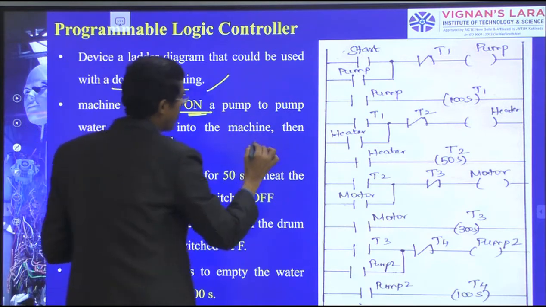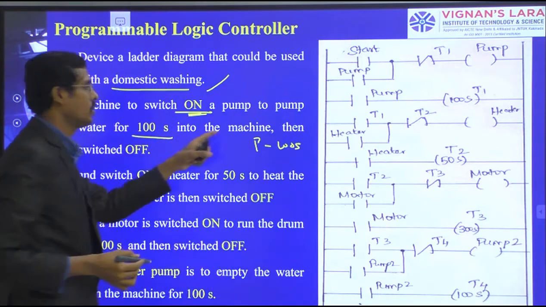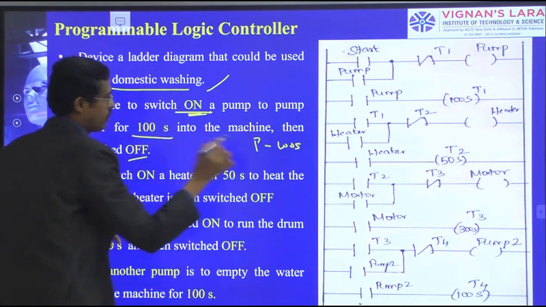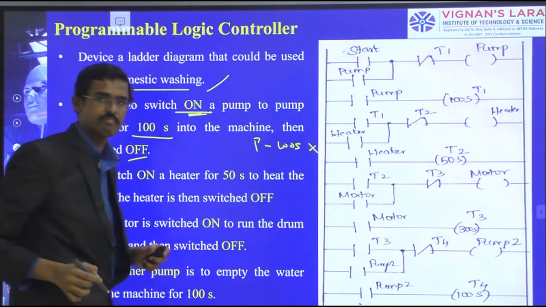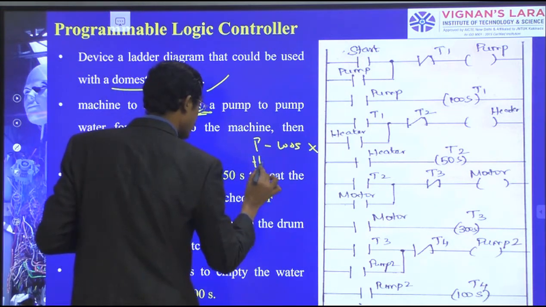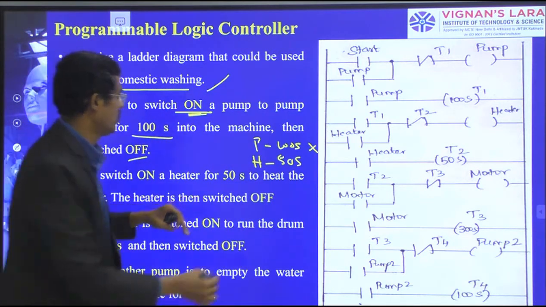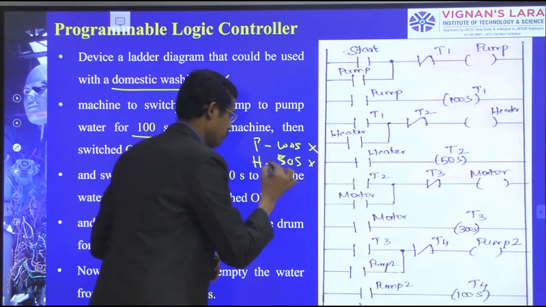First I am running a pump for 100 seconds into the machine, then it should switch off and be disconnected. Then switch on the heater for 50 seconds, and then the heater should switch off.